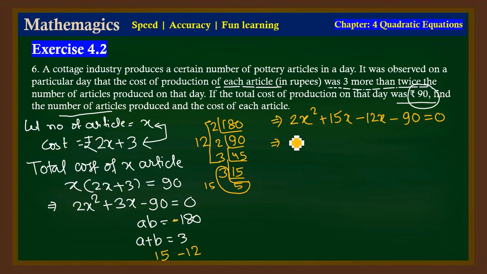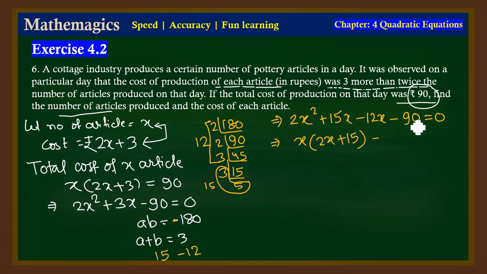Implies that from both the cases x will go common, so the remaining part becomes 2x plus 15. From here minus 12 will go common, sorry, 12 will not go common because for 12 and 90, the similar part has to be taken common, which can be the common factor.